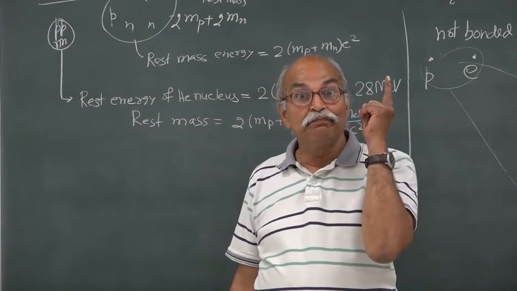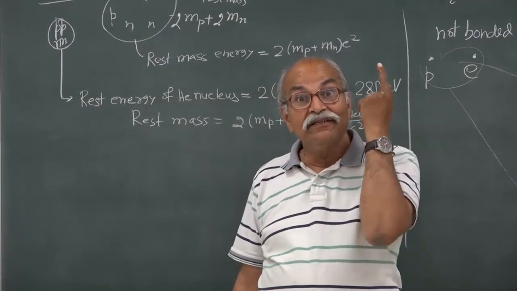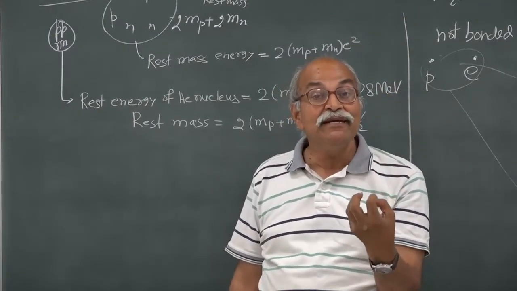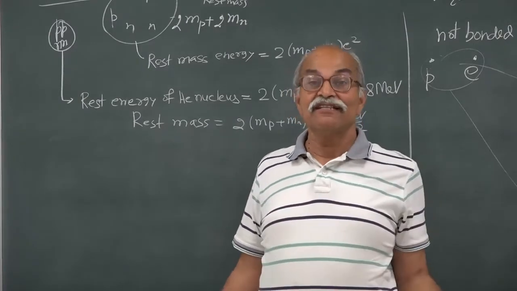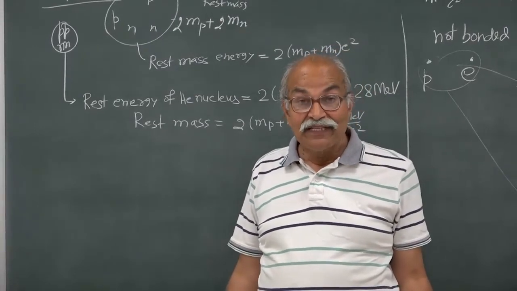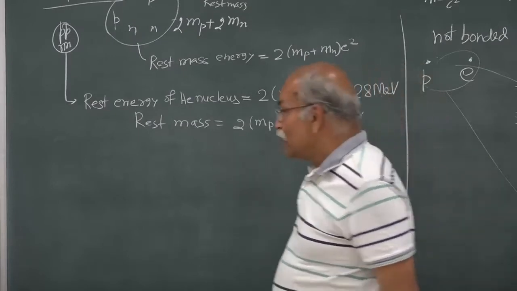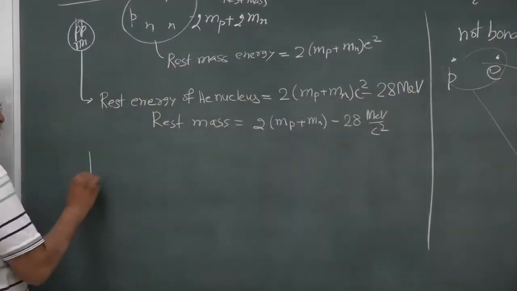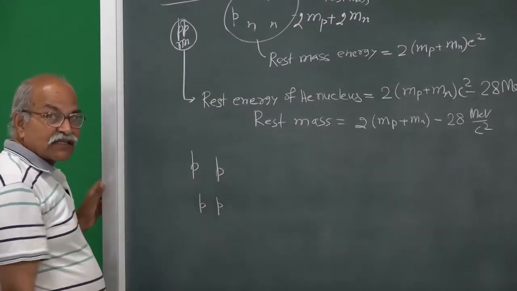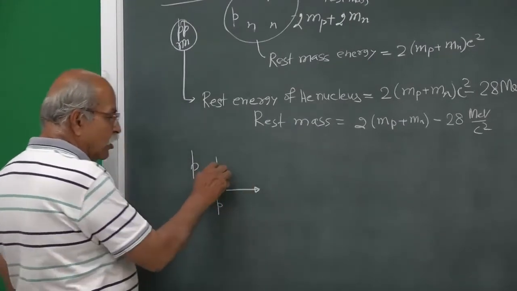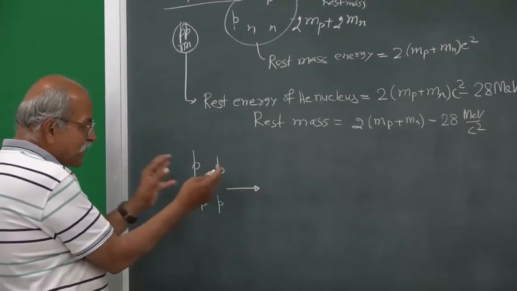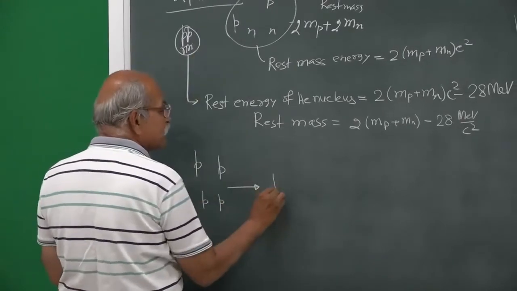When 4 protons in the core of the sun combine to form a helium nucleus, we get energy. From where is that energy coming? It is coming from this difference only. If you have 4 protons separated from each other, and then 2 of them are converted into neutrons, and then they all combine to make a helium nucleus, this kind of nucleus, ppnn.